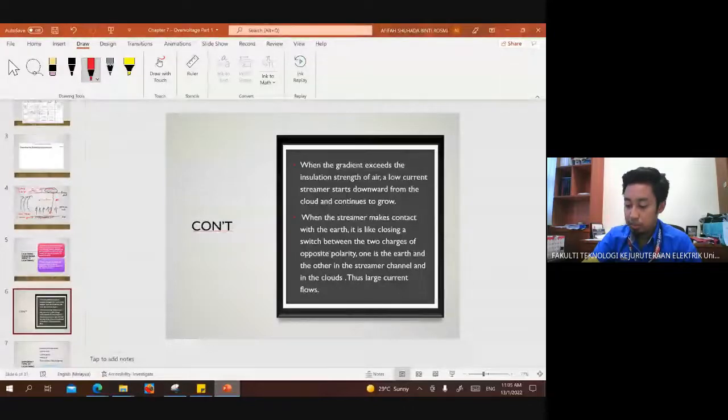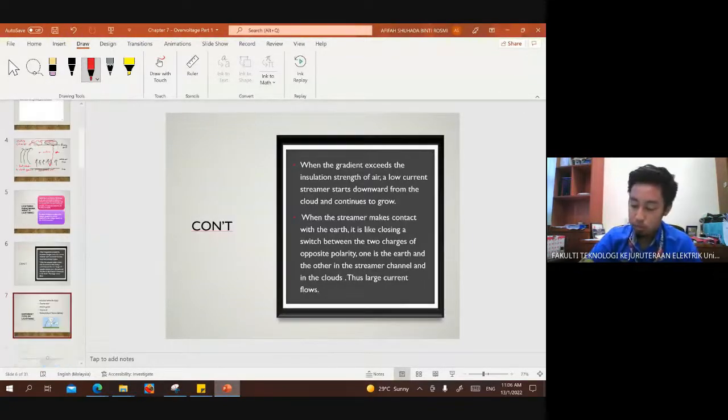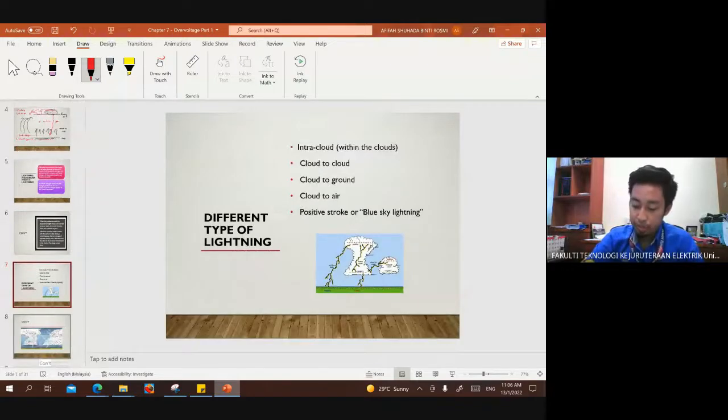When the streamer makes contact with the earth, it's like closing a switch between the two charges of opposite polarity, one on the earth and the other in the streamer channel and the cloud, and so the large current flows.